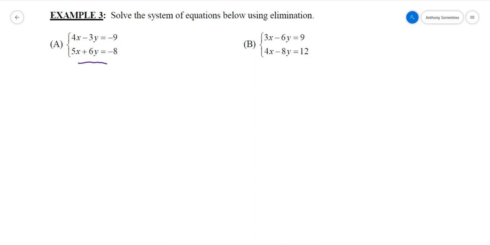And when we do other solution methods as we move through this chapter, it's going to be very important to do that for other reasons as well. And we'll talk about that when we get to those. For elimination, and the reason why it's also known as the linear combination method, is because if there's a true solution for both of these equations, if I add them together, I would get yet another equation that should share the same solution.